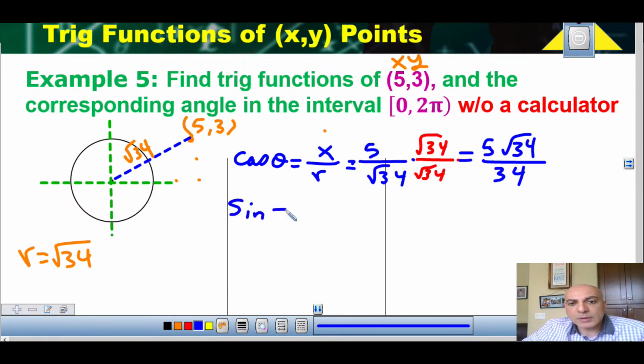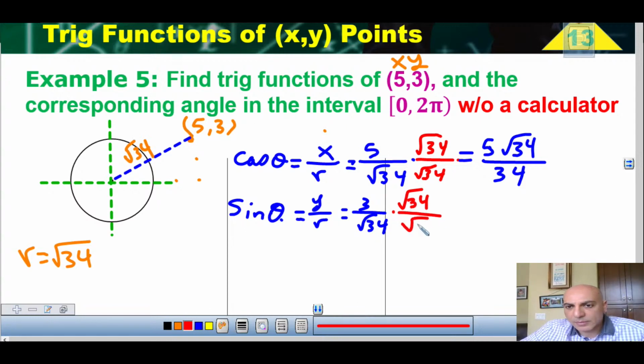Sine, same deal. Sine of that angle, theta, is going to be y over r. And the y, I have 3 over this amount, square root of 34. Rationalize, top and bottom. Why do we rationalize anyway? Because you do not want to have a radical in the denominator.